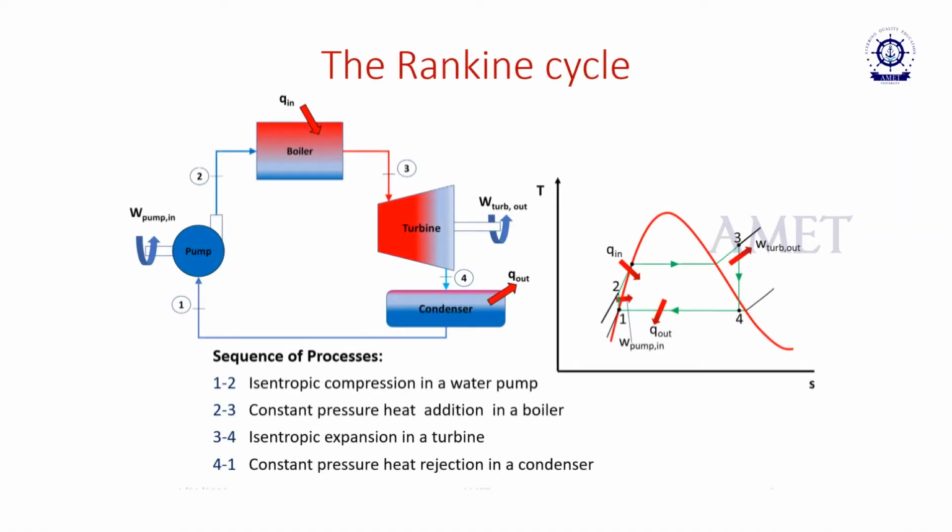The T-S diagram basically has a saturated dome. This saturated dome gives a clear idea of where the liquid is in the saturated state. To the left it shows the saturated liquid region, and the right side of the dome shows the saturated vapor region.